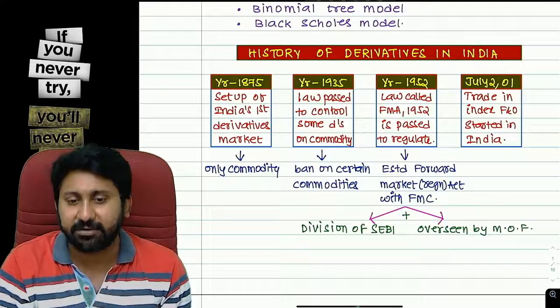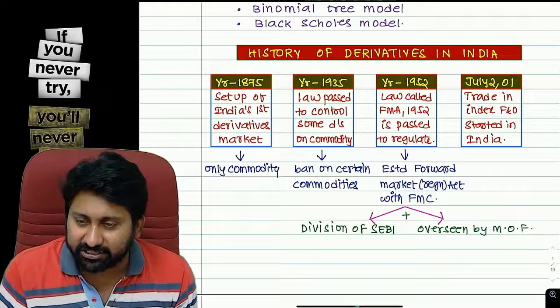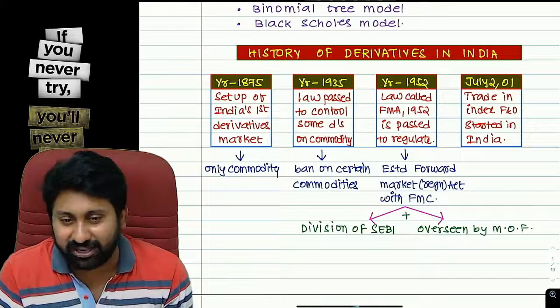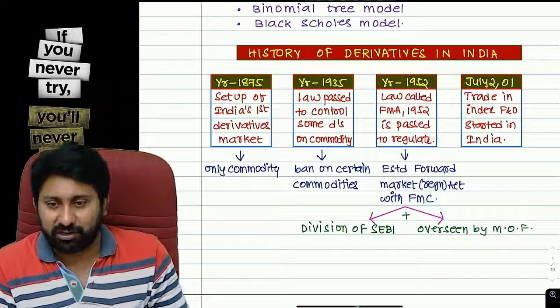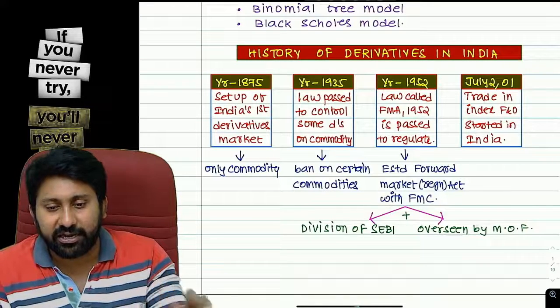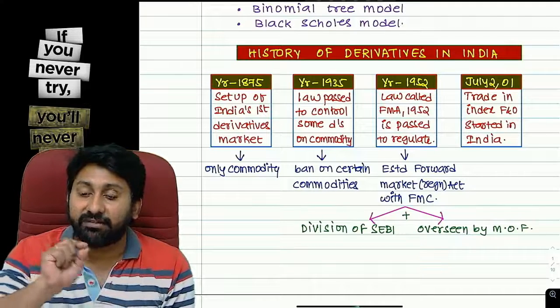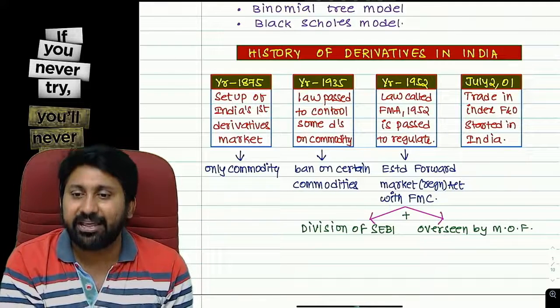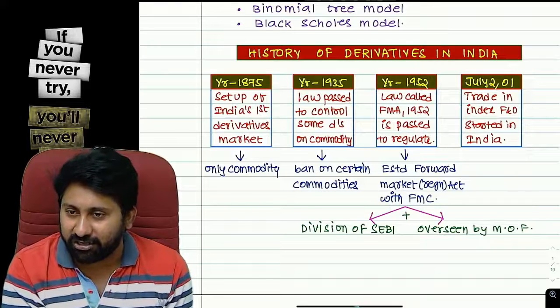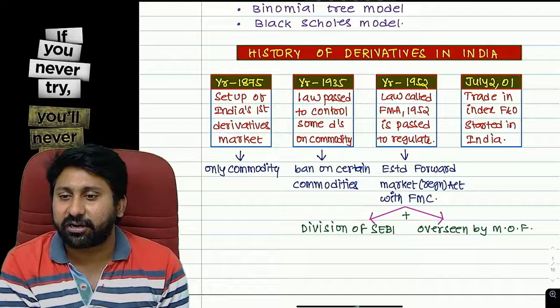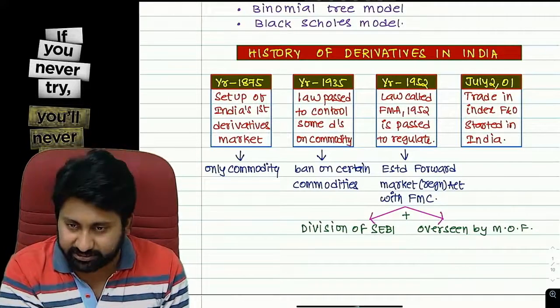The surprising point is that in India, the first derivatives market was not stock derivatives, it was commodity derivatives only, because cotton, silk, indigo, opium and other spices were the materials traded on derivatives at that time.